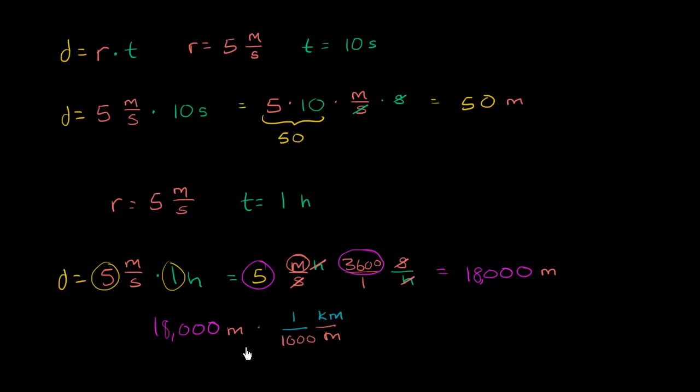But what's neat is when you multiply, we have meters canceling with meters. And so you're left with 18,000 divided by 1,000 is equal to 18. And then the only units we're left with are the kilometers. And we are done. We have re-expressed our distance in terms of kilometers instead of meters.